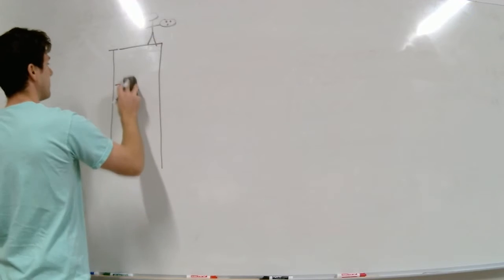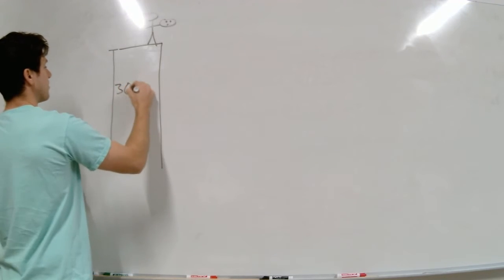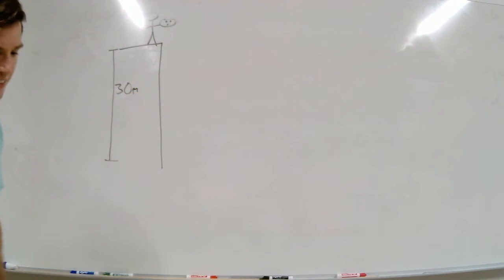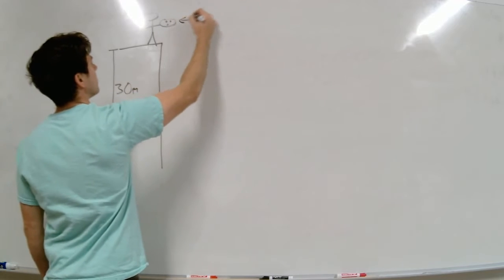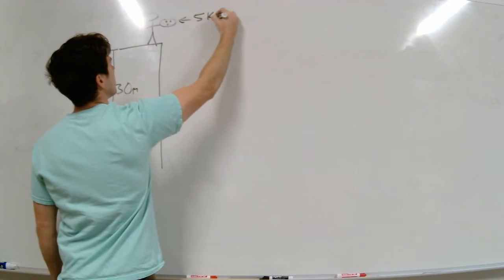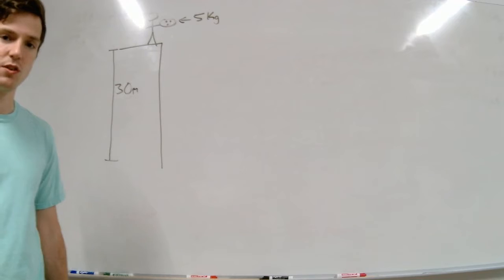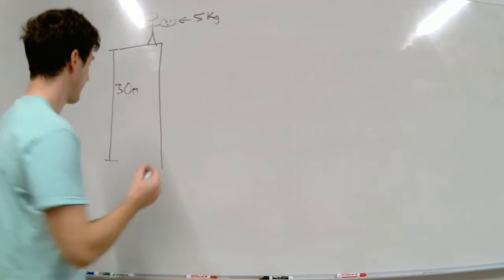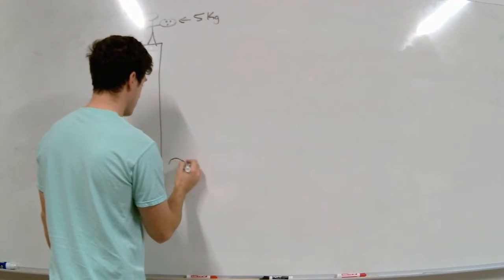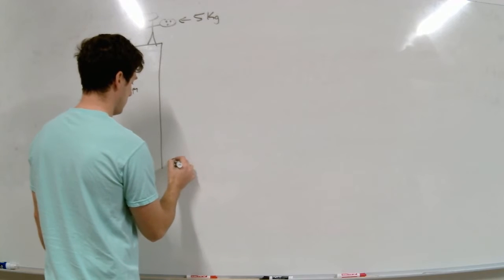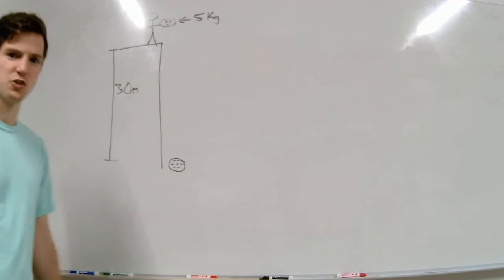Actually, let's go 30 meters, because that's what it says in my book. 30 meters tall. And let's say that this bowling ball is 5 kilograms in weight. Okay? And then let's just draw something down here for it to smash, like a watermelon. It's a pretty good drawing of a watermelon.